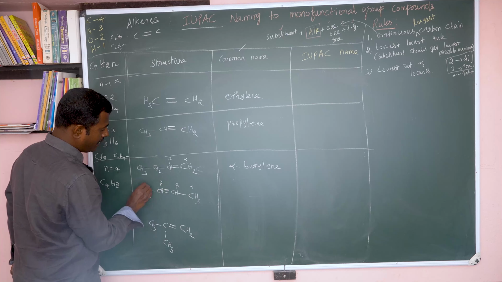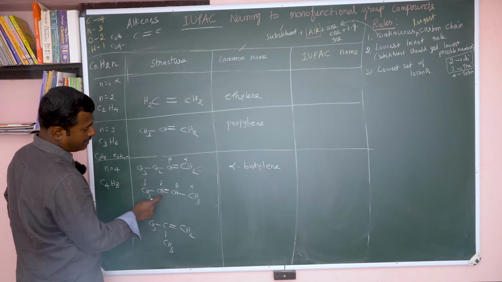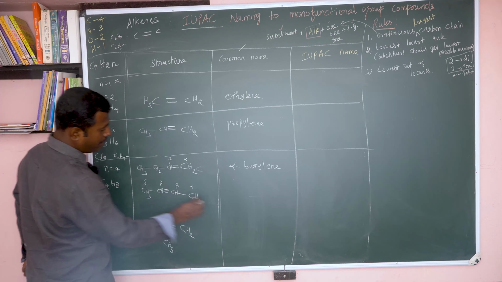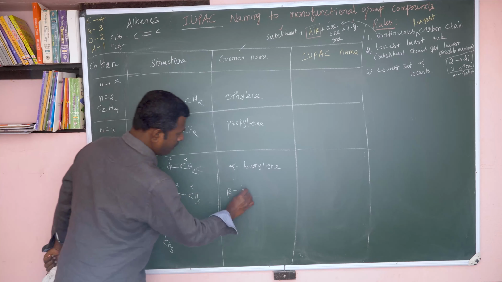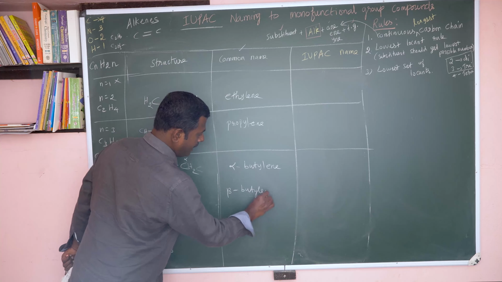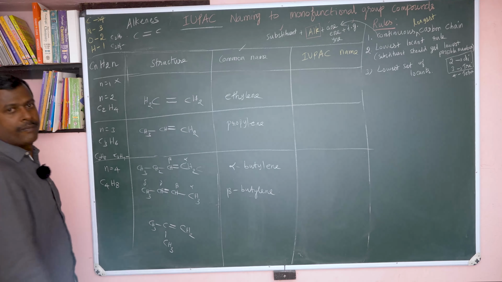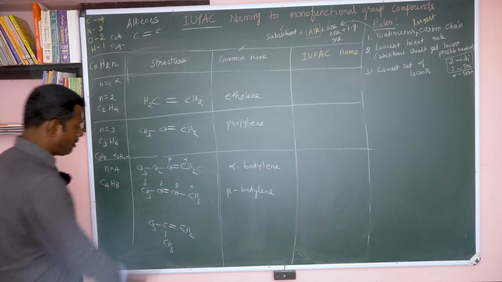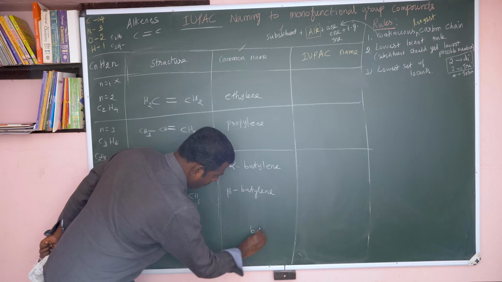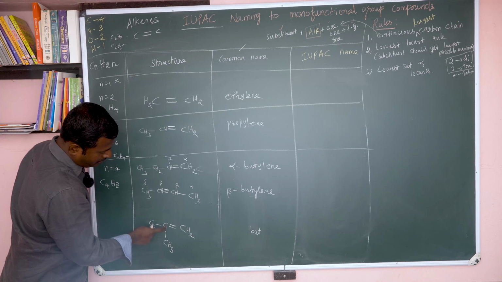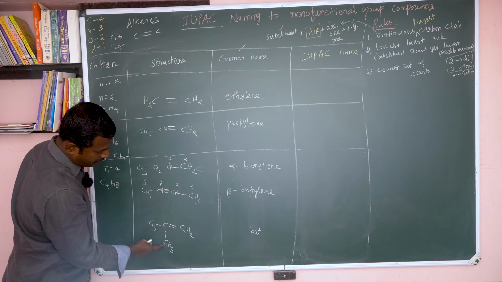Alpha, beta, gamma, delta. Since the double bond is between beta and gamma, the letter beta should be given. 4 carbons, so butylene. So beta butylene. What about this? Actually, this has 4 carbons totally, but it has a branch.